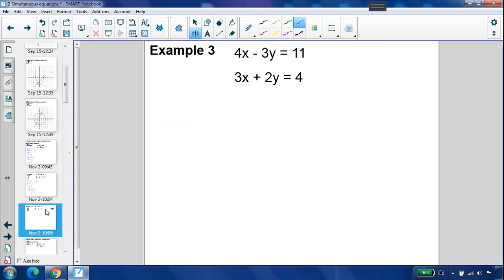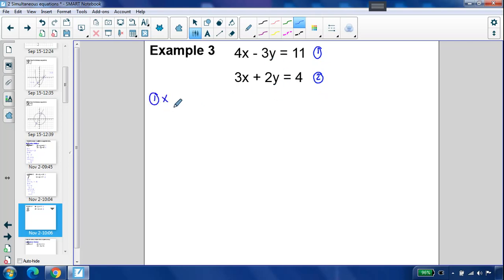Let's move on to a final example of the elimination method. Now for this one, it looks like I'm going to have to multiply both equations by something. So either the x term or the y term is the same. I'm going to choose to make the y's the same, and I'm going to multiply equation 1 by 2 and equation 2 by 3. So I get 6y for both.